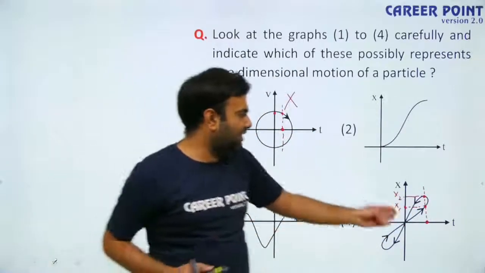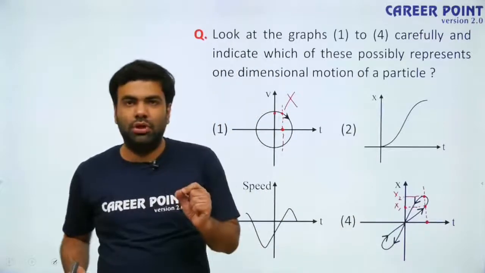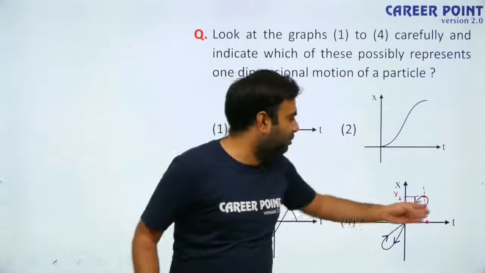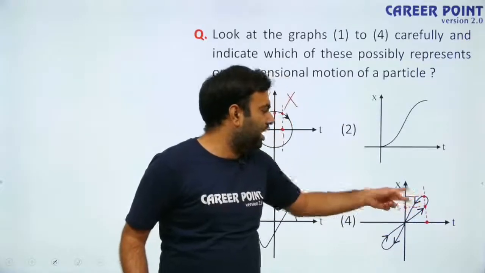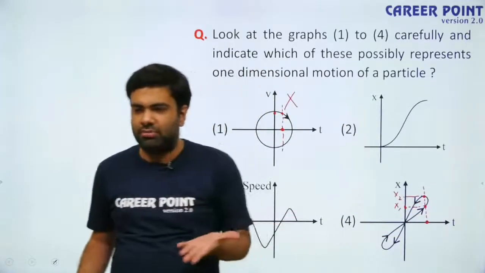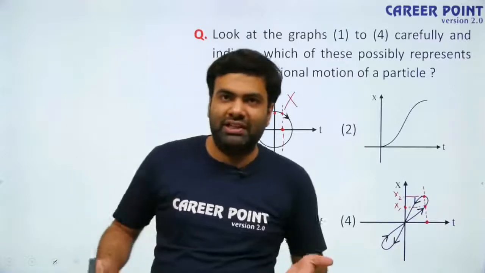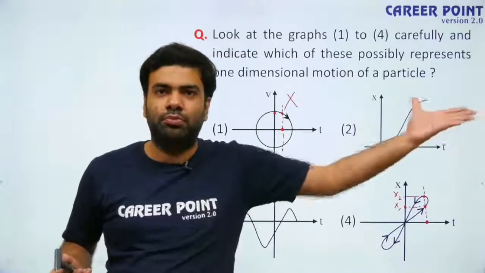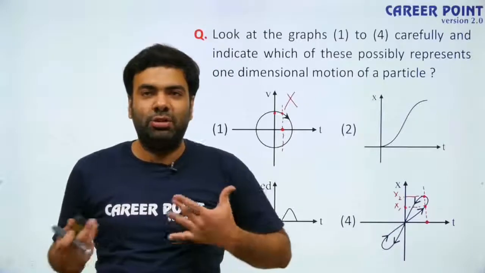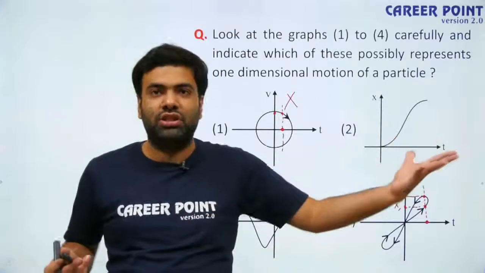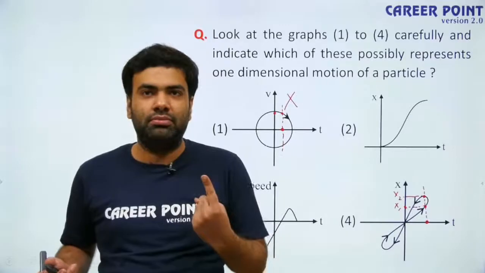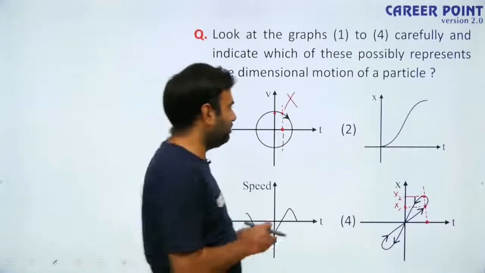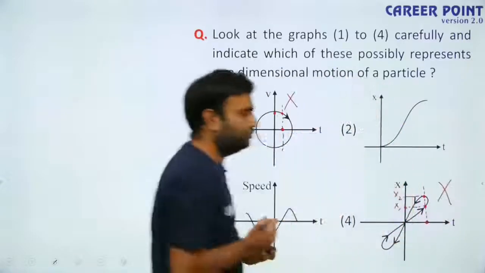It should give one position at a particular instant of time, and according to this graph the particle has two positions at a particular instant, which is not possible. If I am present here right now, I am definitely absent from my home. I cannot be present in two positions at a particular instant of time. So this graph is impossible, that means it is also incorrect.